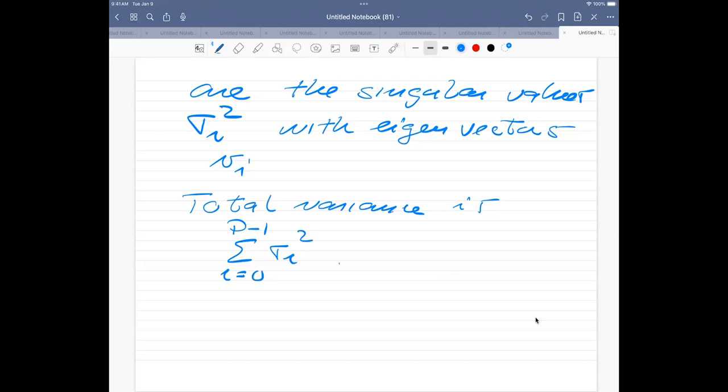So what the PCA is doing is constructing a set of orthogonal vectors without having done the singular value decomposition.